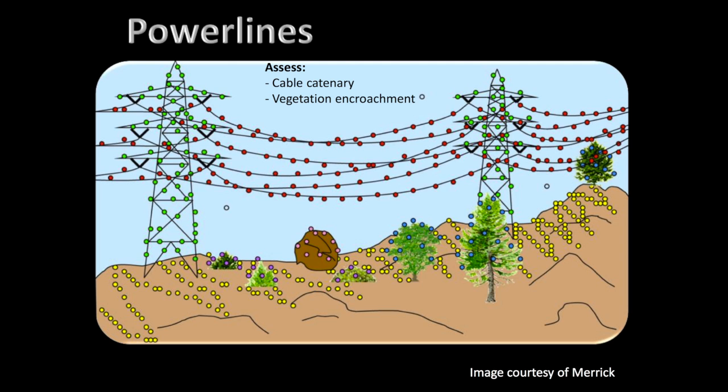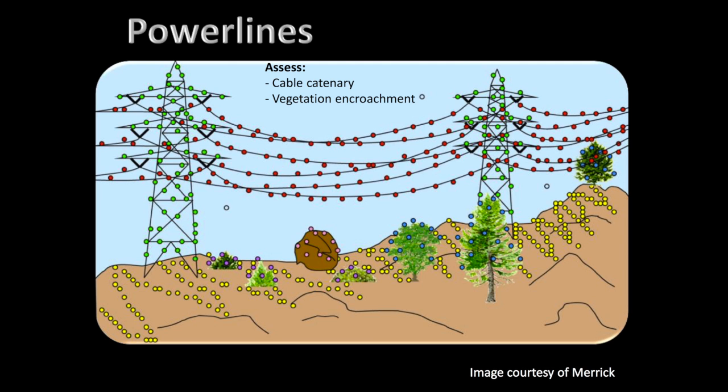Powerline applications, mapping the catenaries on the power lines, mapping vegetation encroachment, comparing the as-built to the design specification of transmission lines, are all areas where LiDAR has really accelerated its growth over the last couple of years.